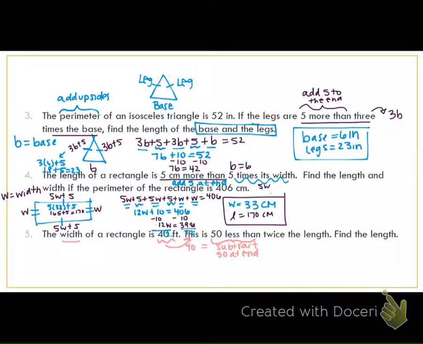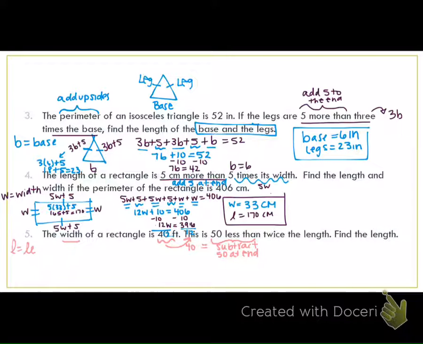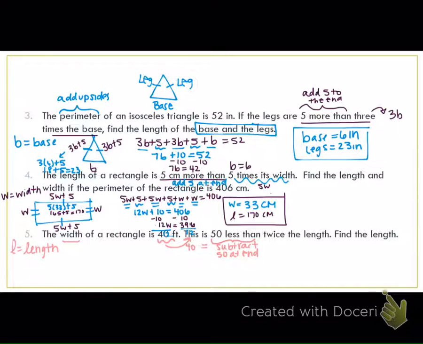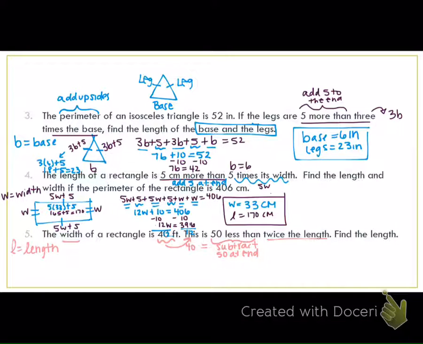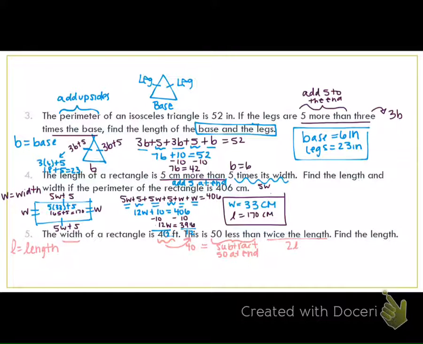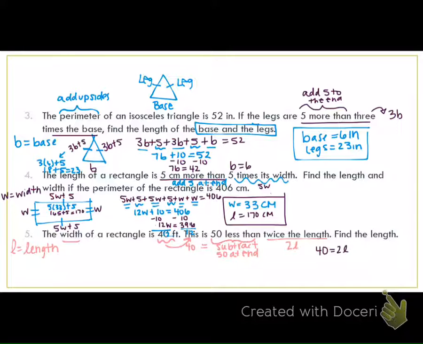And then it says twice the length. So we're doing this in terms of the length. We don't know our length. So L is going to be length. Sorry, I just made that cursive. So L is length. So Jennifer, twice the length would mean what? Yeah, 2 times L. So if we're doing this, we're saying 40 equals 2L minus 50.